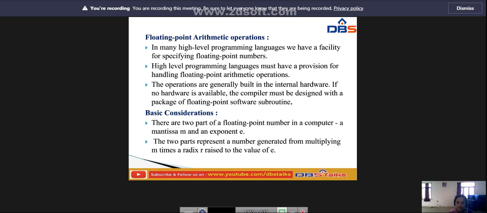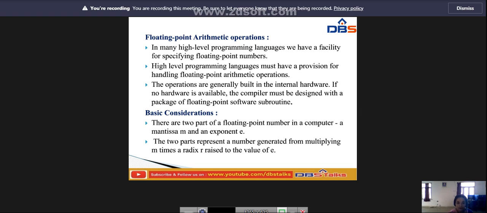So in this we have basic considerations. There are two parts of a floating point number in a computer: one is the mantissa m and another is the exponent e. The two parts represent the number generated from multiplying m times a radix r raised to the value of e.